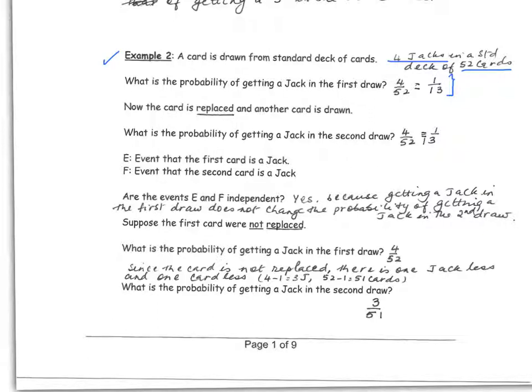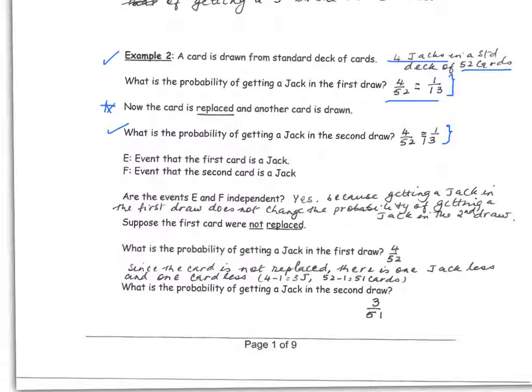Now, the important thing to note here is that the card is replaced. After we drew the first card, we got a jack, we put it back into the deck. Now the next thing we're going to do is draw another card. And the question is, what is the probability of getting a jack again? If we put the card that we drew in the first trial back into the deck, the probability of getting a jack again does not change.